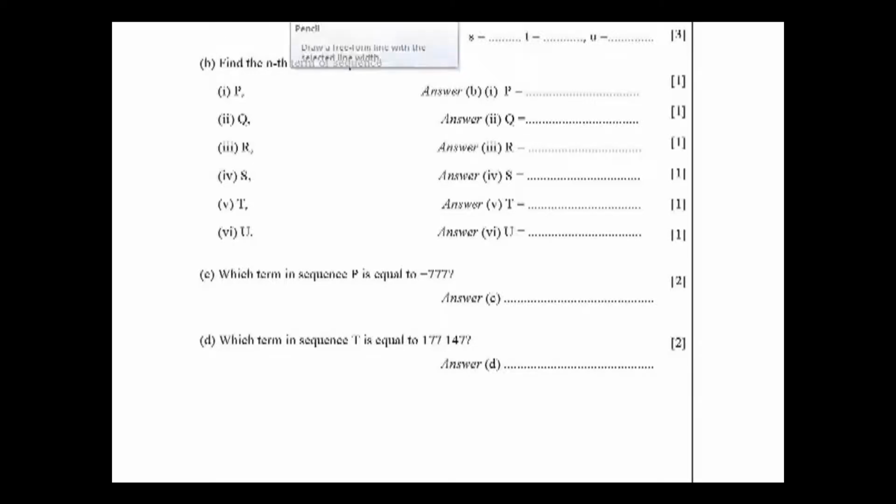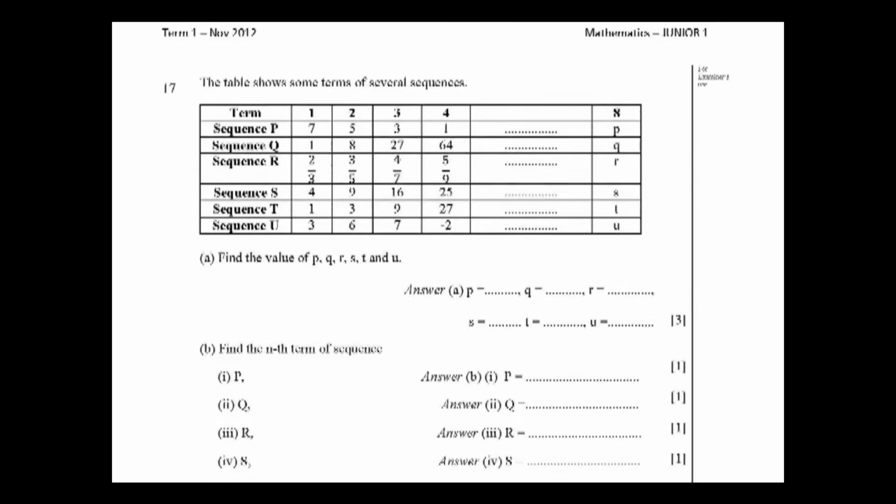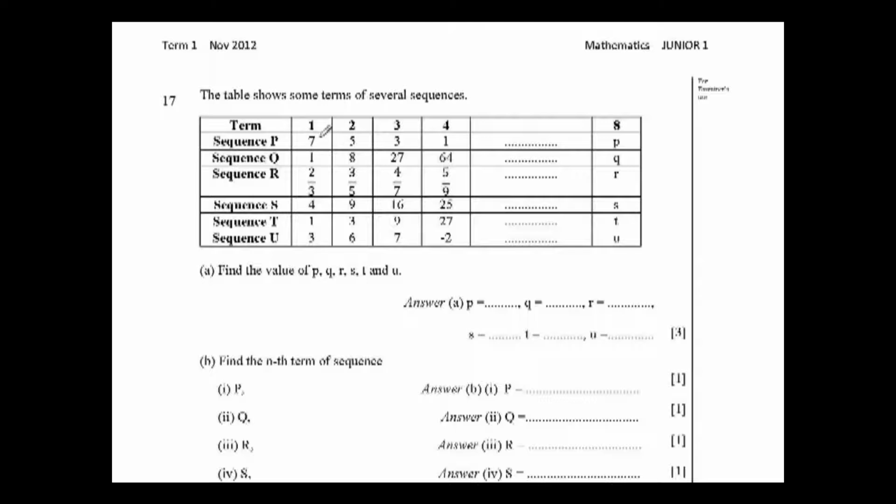Part B. Find the nth term of sequences P, Q, R, S, T, and U. For sequence P, when we analyze it, we can see that the common difference between two adjacent terms is negative 2.